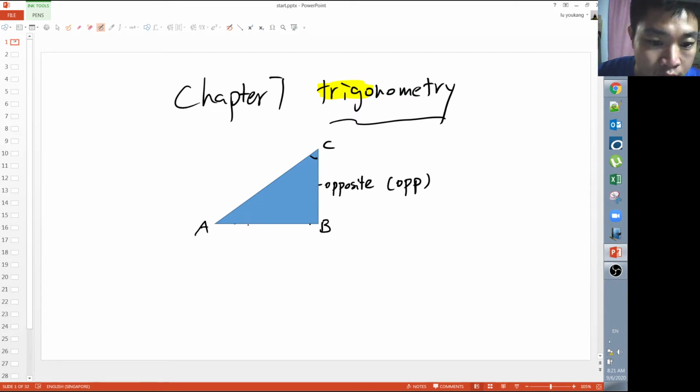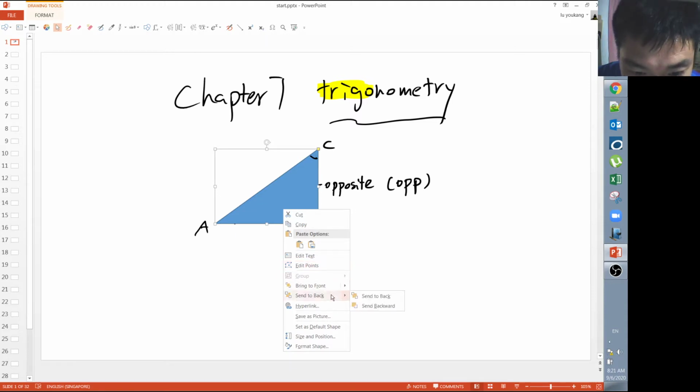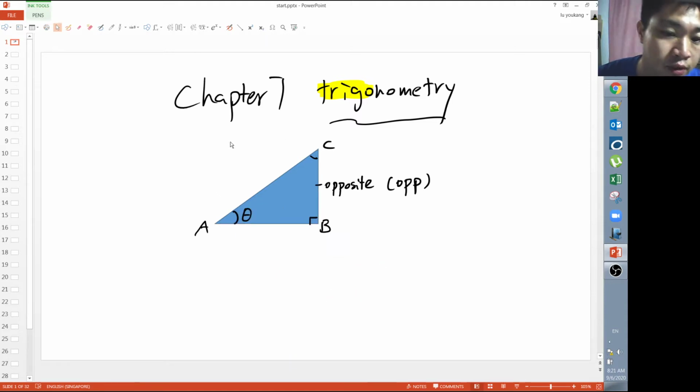Alright, so if this is your angle theta, you don't see your angle theta here, right? So you just move this to the back. Okay, so yeah, you start to see your angle theta here. So if this is your angle theta, this is the opposite side of the angle theta. Alright, now what about this side AB? Okay, the AB side is called the adjacent side.